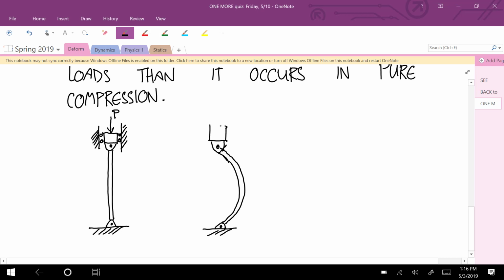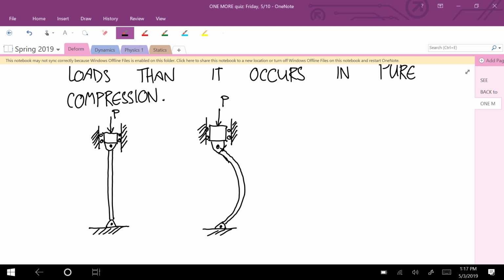Although I guess actually the idea is that by the time this has happened, we've already gone way past the buckling point. But there's a buckling point where, when you get to a high enough force P, this thing isn't strong enough to fight its way back straight when it gets bowed out.